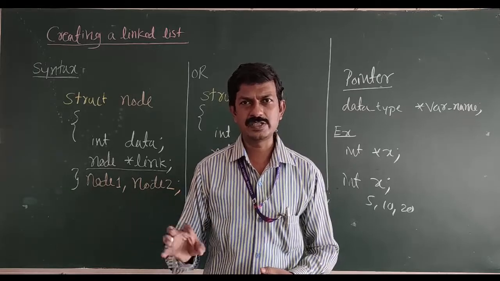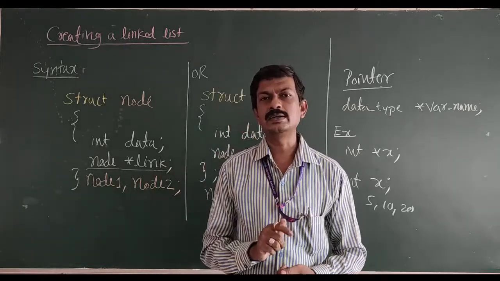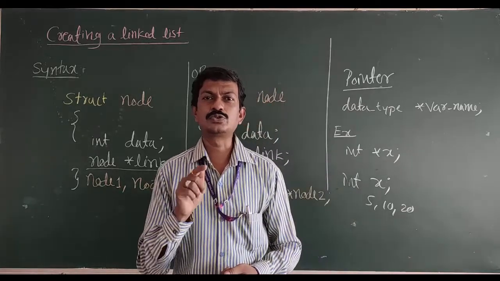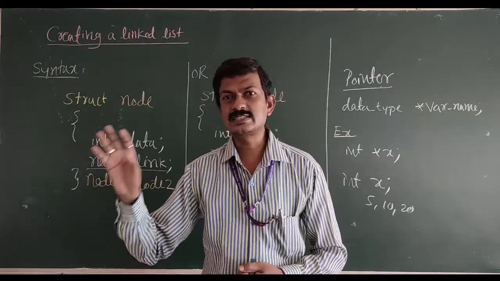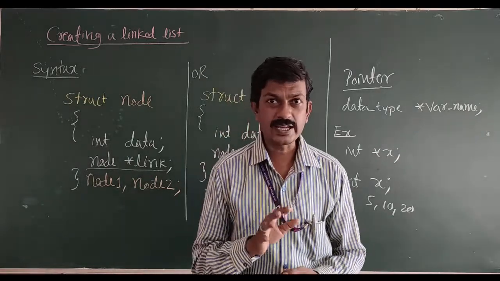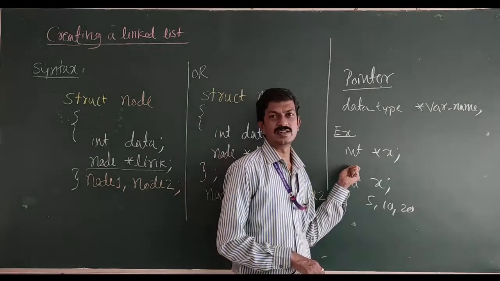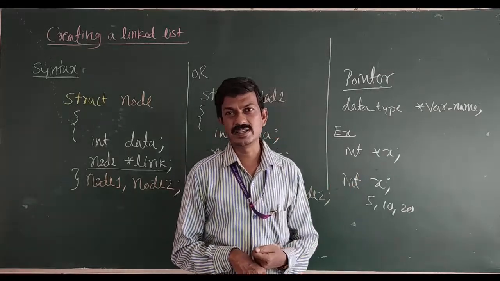The data part holds the actual data item. The next one is the link part, in which we have to store the memory address of the next node. For this, we require a pointer declaration.